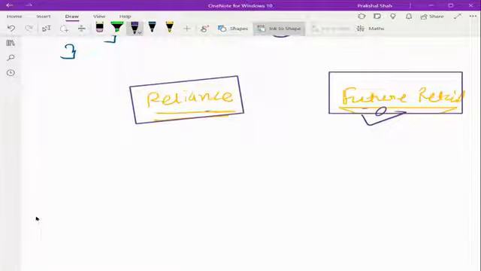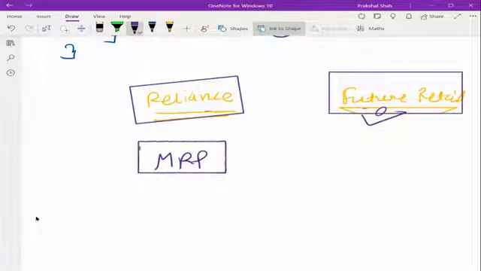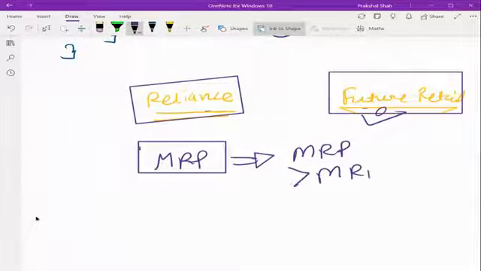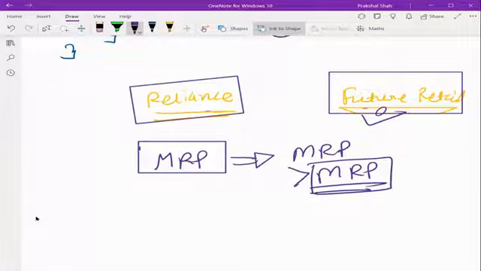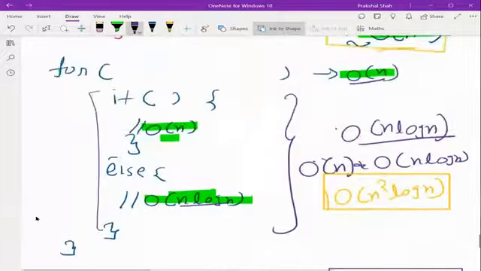Or else you can also consider the case of MRP. If you are a seller, you will sell a particular item at MRP only. You cannot charge someone greater than MRP, right? So we are finding this MRP, here meaning the maximum time that will be taken.